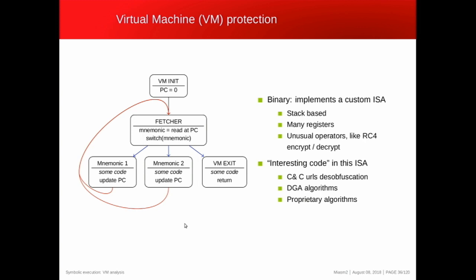Okay, so back to the SVM. In order to win some time, the author of the SVM used virtual machine protection. For those who don't know this protection, when you compile code to native language, it's easy for a reverser to analyze it because x86 is a bit like his mother tongue.